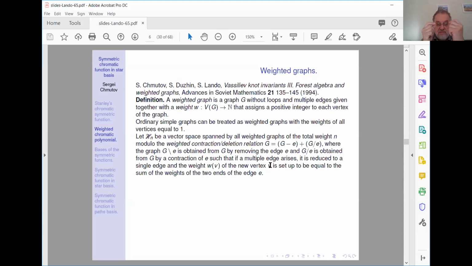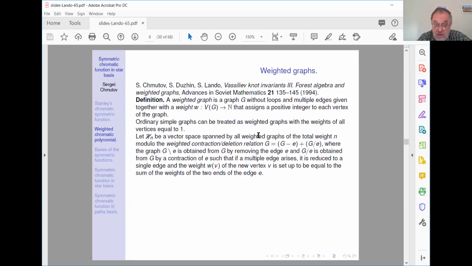And also, if after contraction of an edge multiple edges occur, I have to reduce them to a single edge. So no multiple edges would be there. That is the relation.